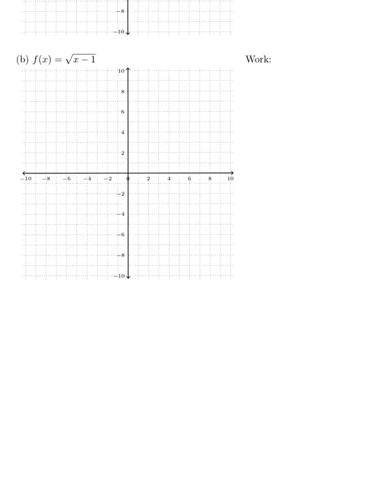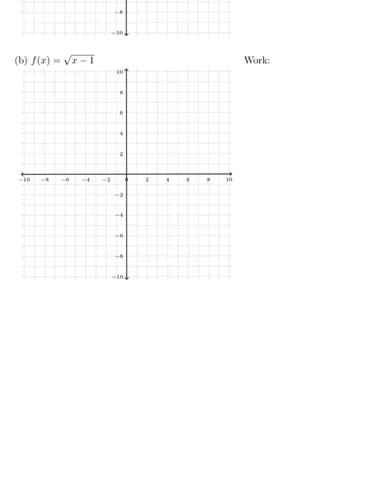Okay, top of page 85, I want you to go to example B. We're going to graph the square root of x minus 1, and then we're going to graph its inverse. So if we're looking at the function, the square root of x minus 1, we know that the x values have to be greater than or equal to 0. So if we solve this, we get x minus 1 is greater than or equal to 0, so x has to be greater than or equal to 1.